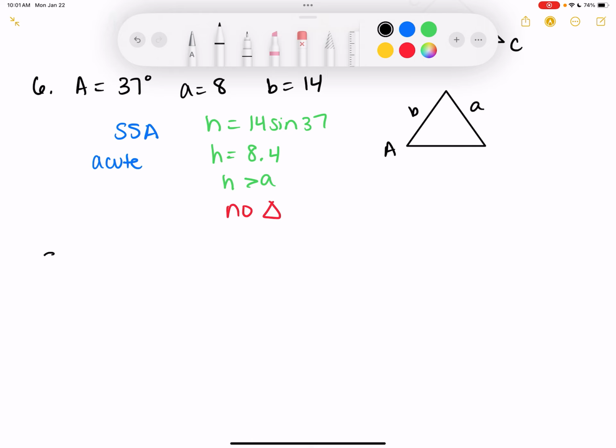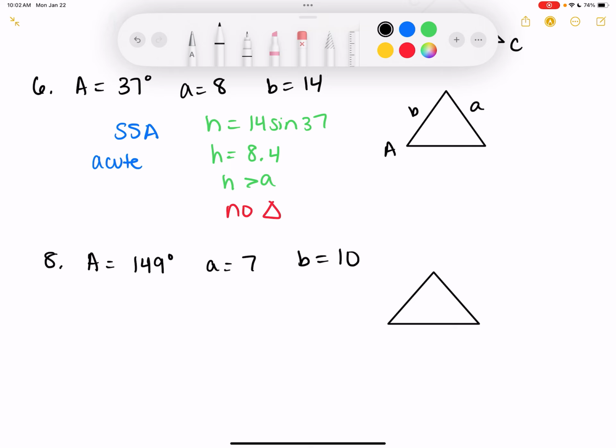Let's see, 8. Angle A is 149, side A is 7, side B is 10. So which scenario am I dealing with here? Side, side, angle.